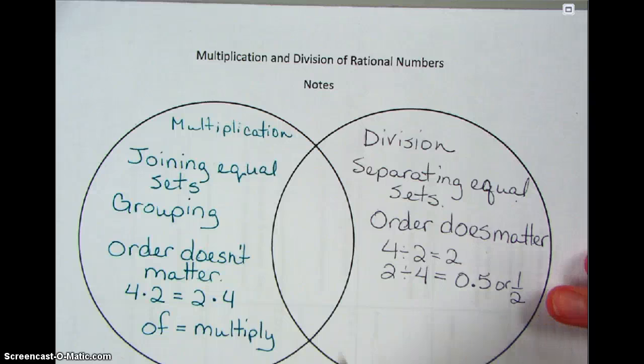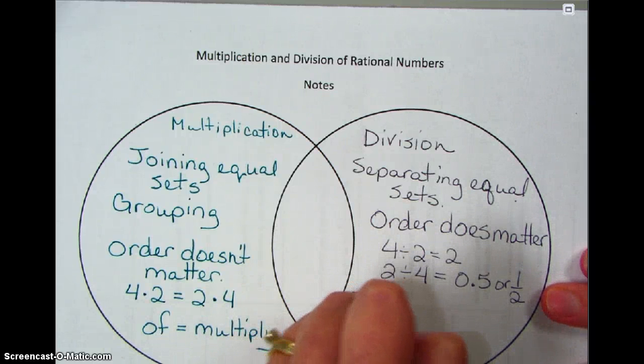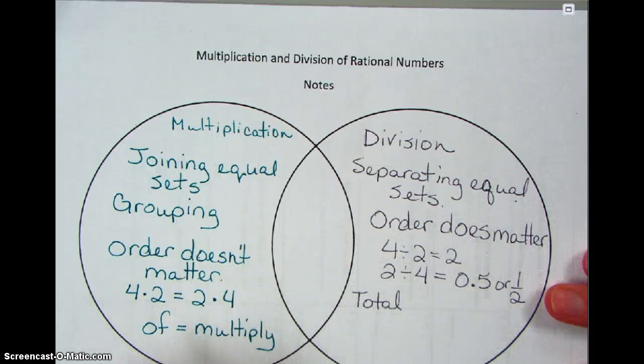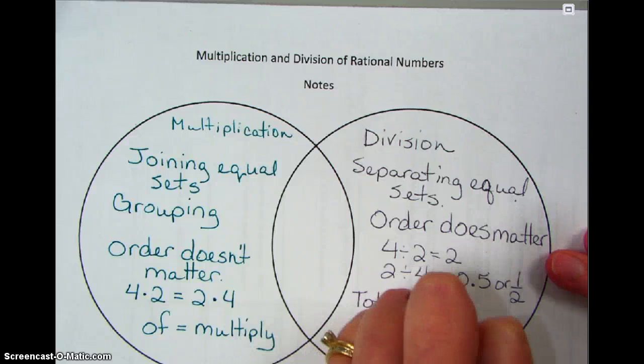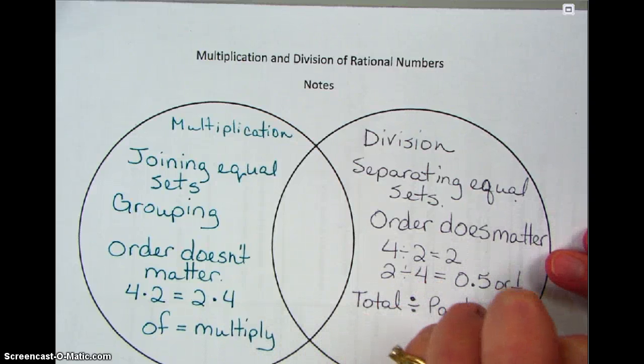Whenever we are doing division, you need to remember to set it up as the total, which is going to be your dividend, divided by the parts. And that will give you your answer.